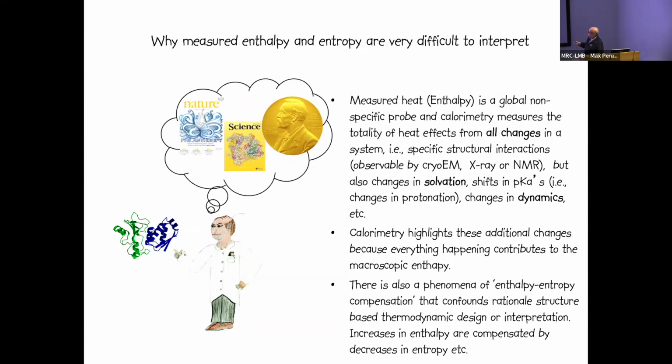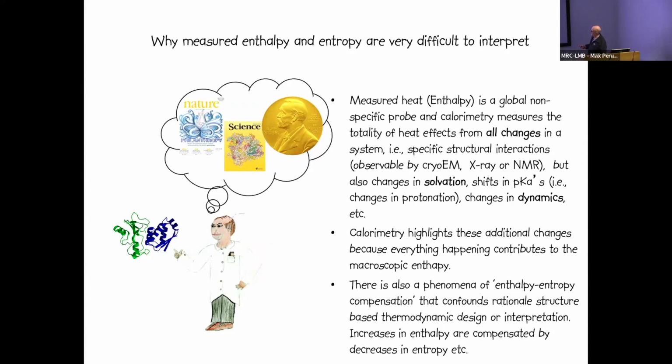So that's the specific structural interactions that we can see when we look at a structure in a paper on a page, but it's also lots of changes in solvation, shifts in pKa's, and changes in protonation, changes in dynamics of the system, etc. So calorimetry is really highlighting the fact that these additional changes are also part of the equilibrium. Everything that's happening is going to contribute to our observed and measured macroscopic enthalpy.